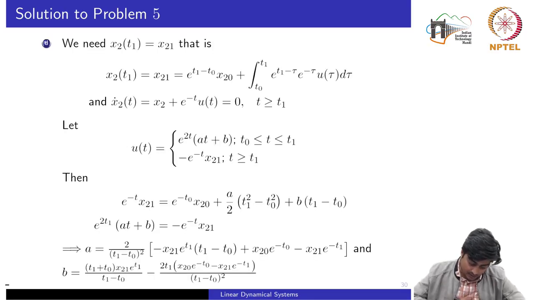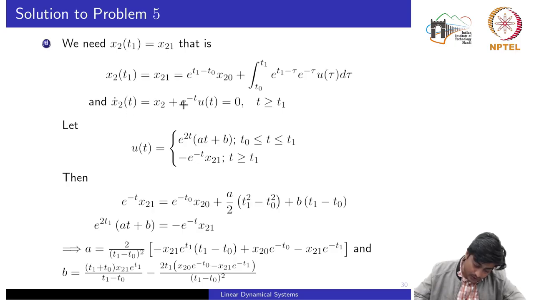Again, it requires the computation of the control input, where we need to ensure that x2 at t1 should be some value, let's say x21, and this x21 could be 0.